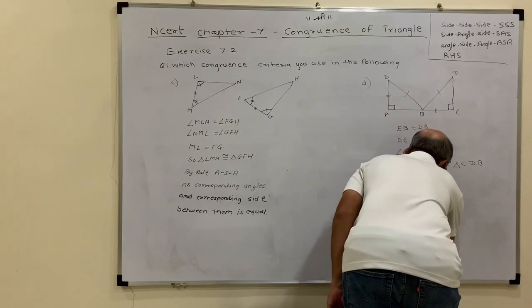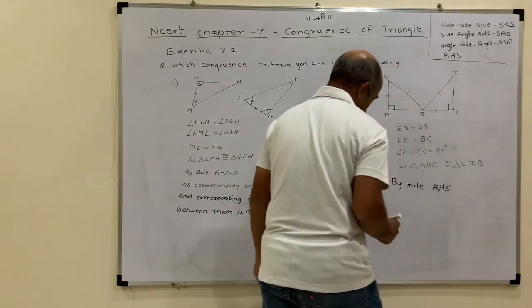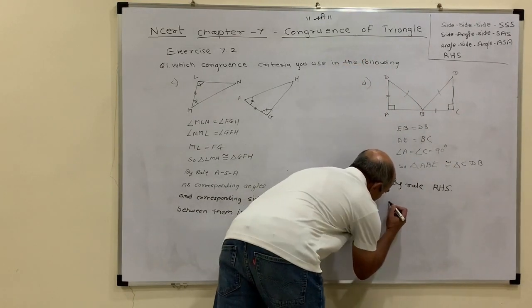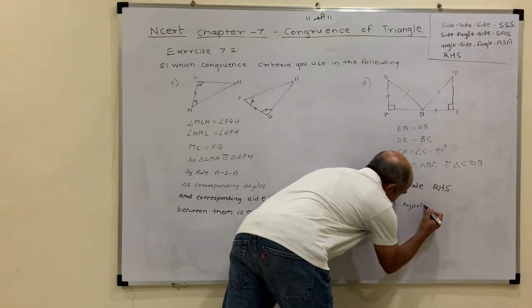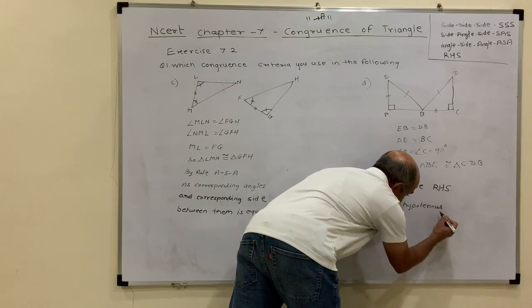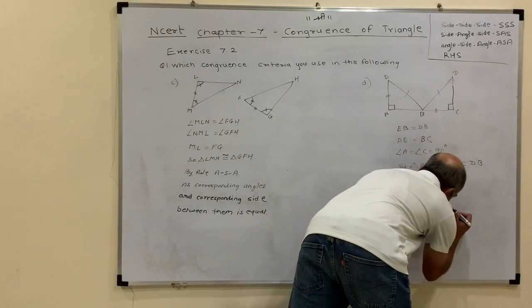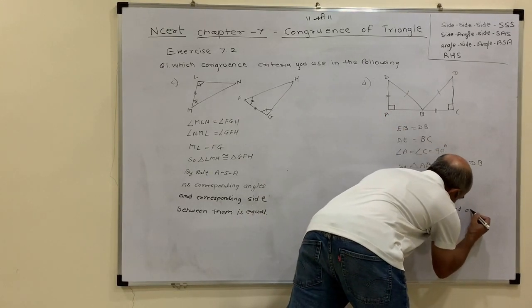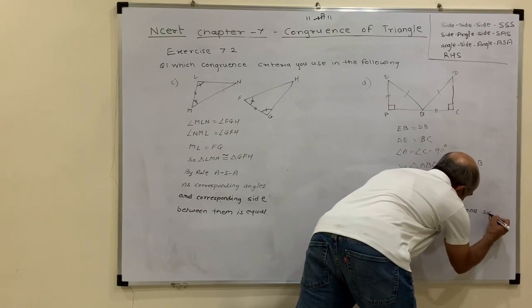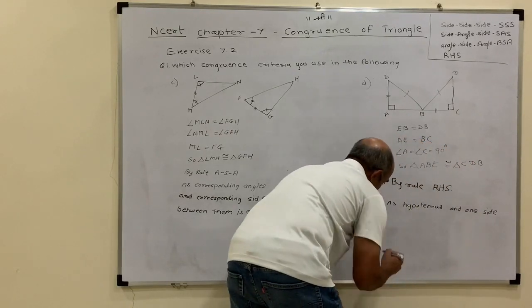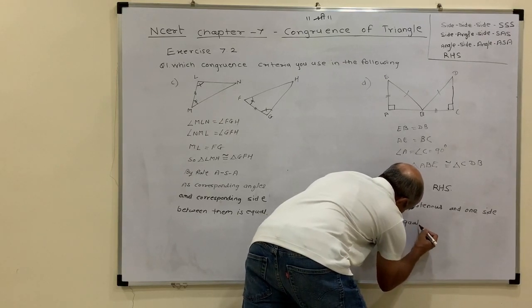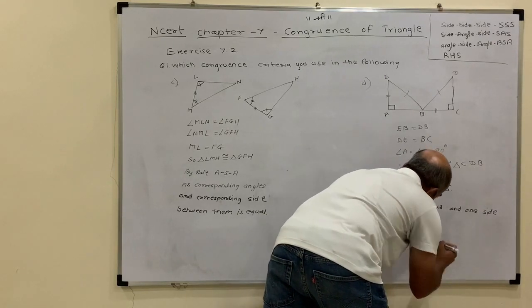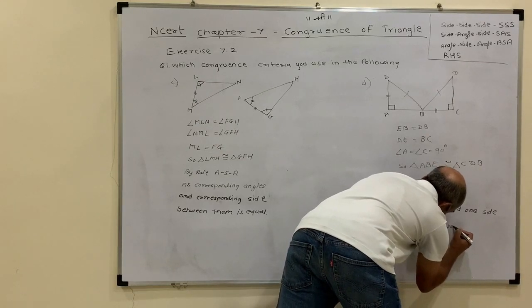So they are congruent by the rule right angle triangle hypotenuse side, as the hypotenuse and one side are equal in two right angle triangles.